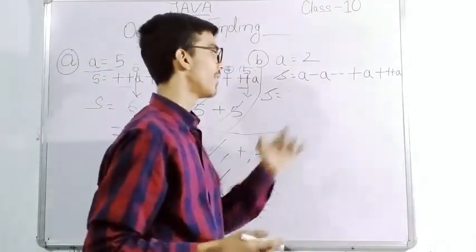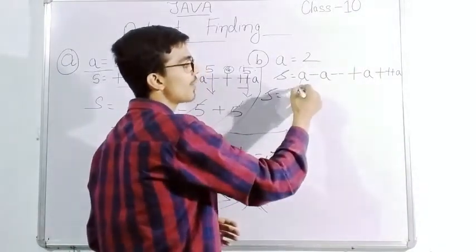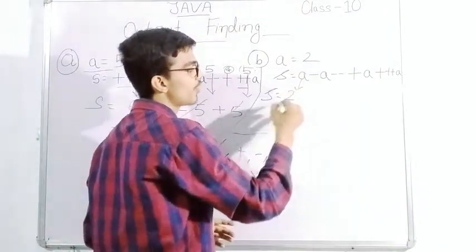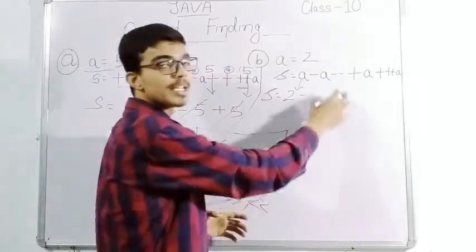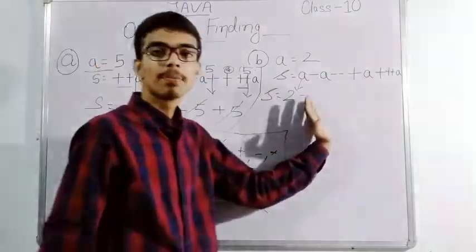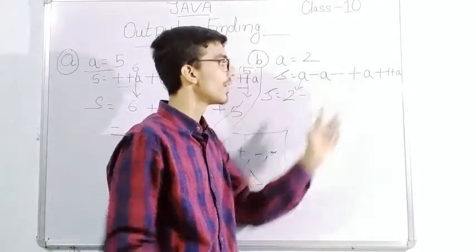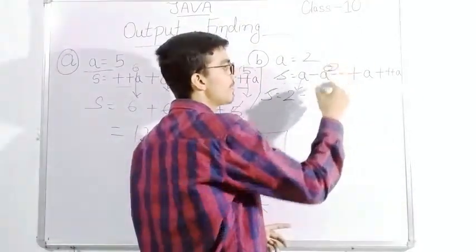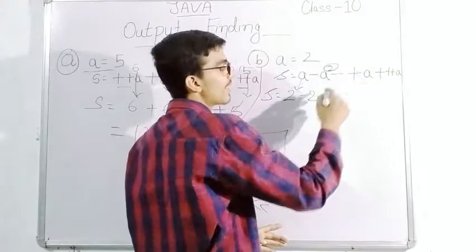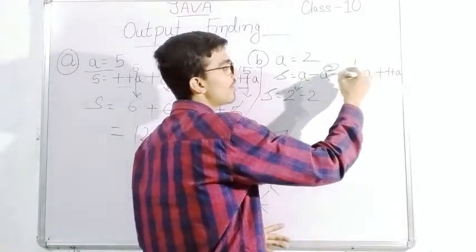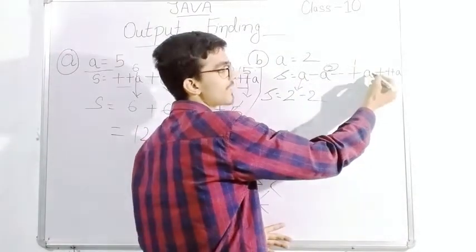So for this we'll print the value of A equal to minus A minus minus. It means we'll print 2 but the value of A will be 1 for the next.